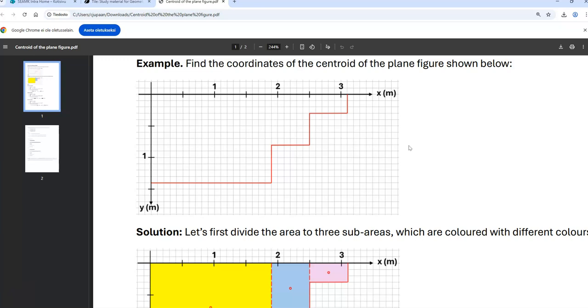This middle point or the centroid point of the figure, it is quite usual problem in many cases.